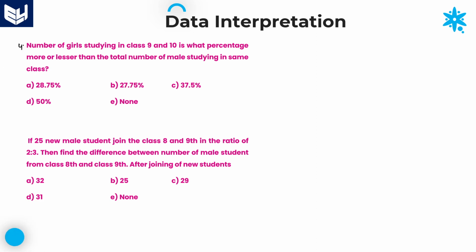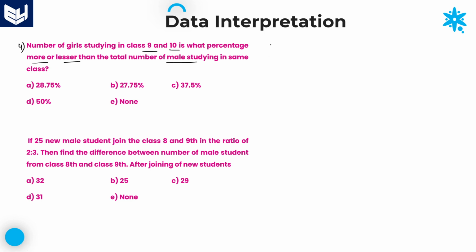See here. The question is: the number of girls studying in class 9 and 10 is what percentage more or less than the total number of males studying in the same classes.